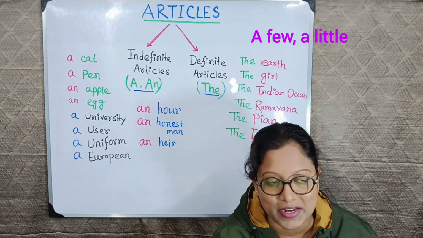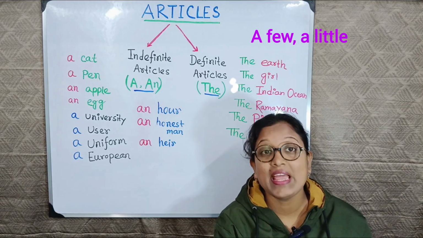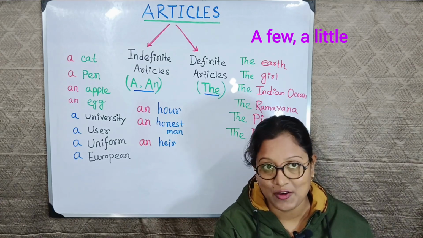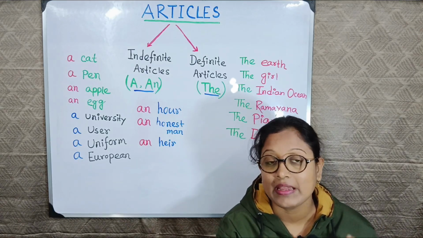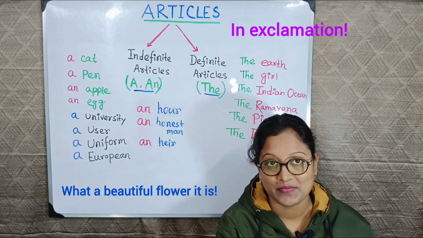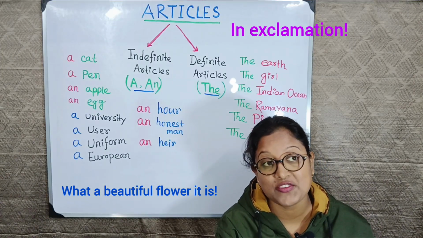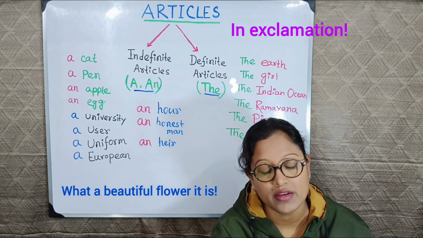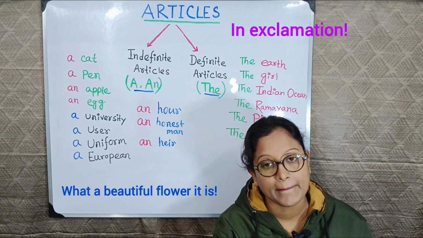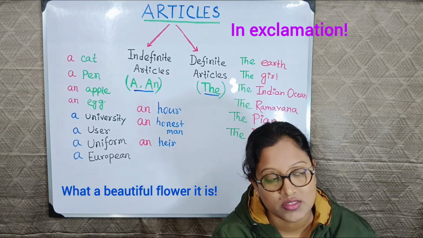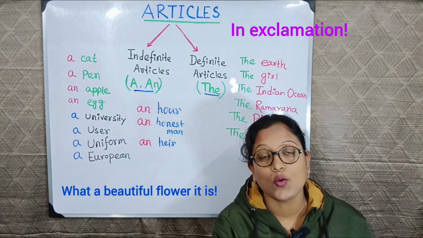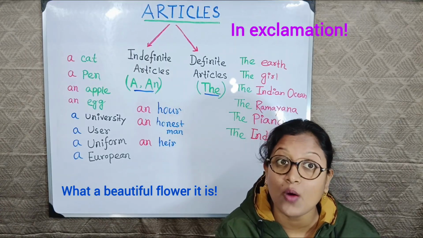Next, number 7, I think. We use a or an in exclamation of singular countable nouns, right? Like, what a beautiful flower it is!